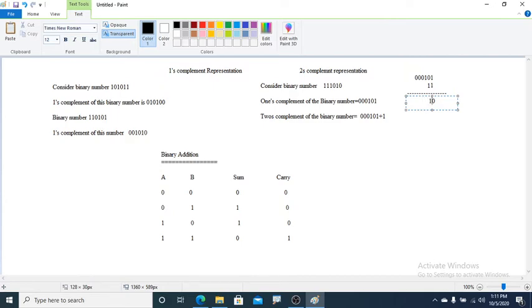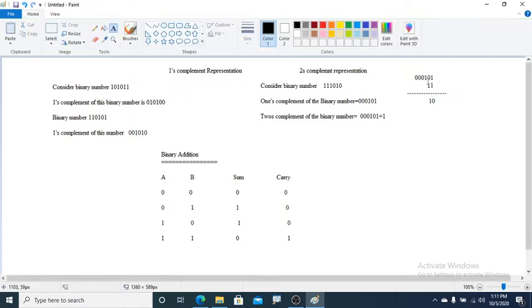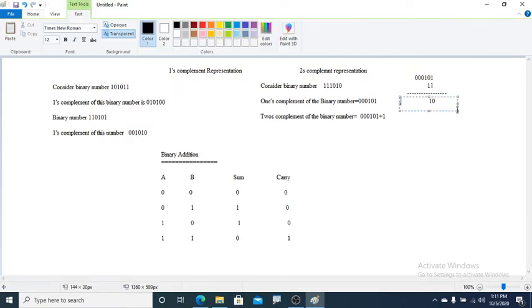Zero plus 1 is 1, again 1. Zero plus 1 is 1, here you have to place 1.